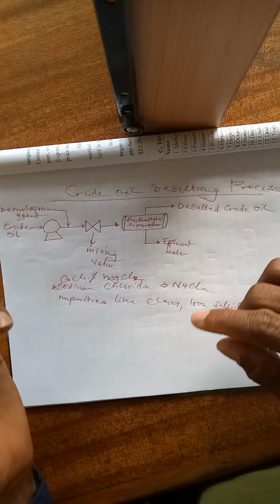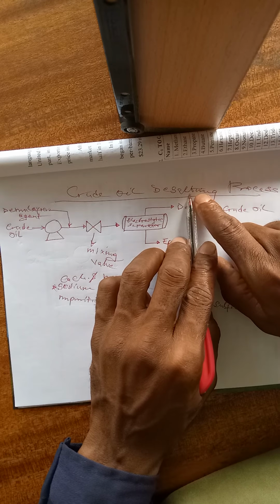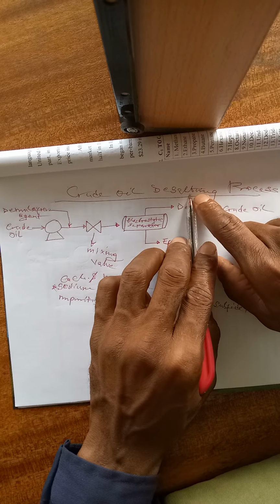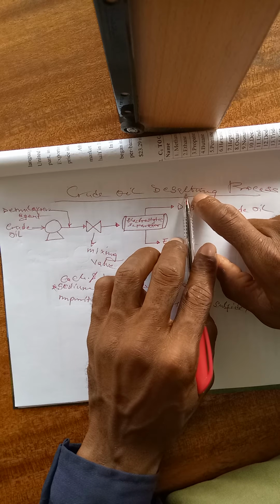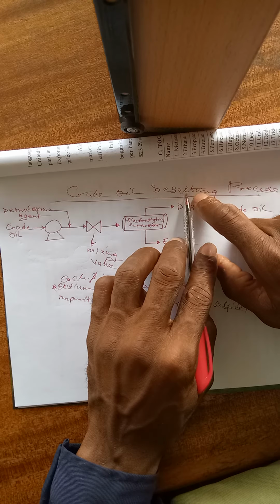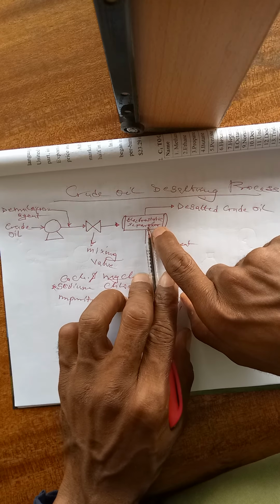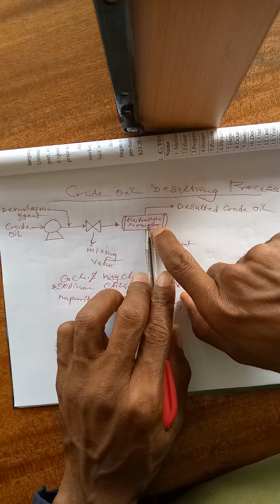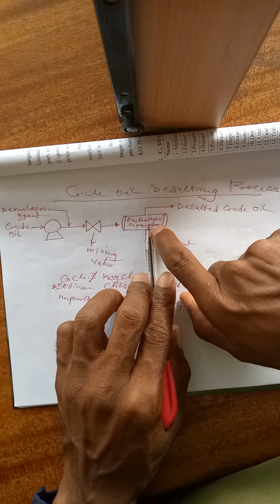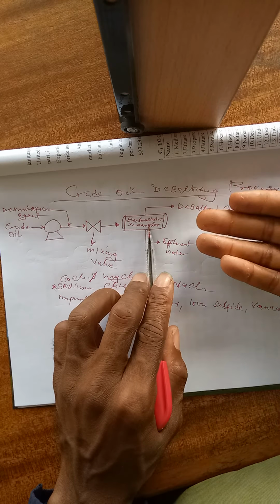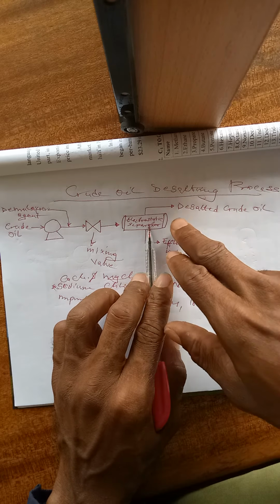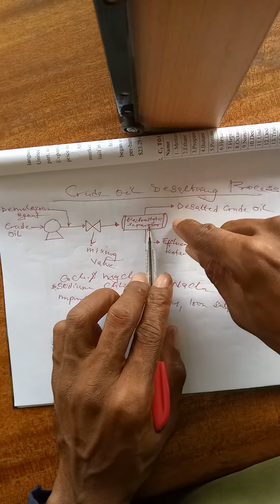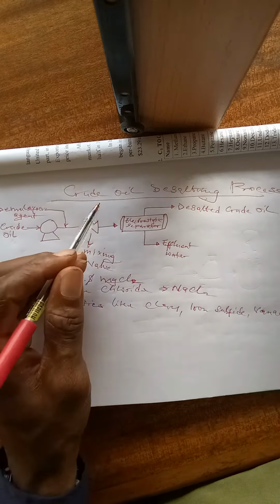So in essence, we can define desalting as a process which involves mixing heated crude oil with washing water, then passing it to a separating vessel here, which is a desalter, in order to produce a desalted crude oil, which is almost ready to be sent to the distillation column, as we said.